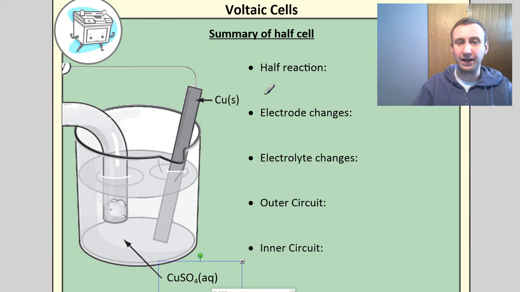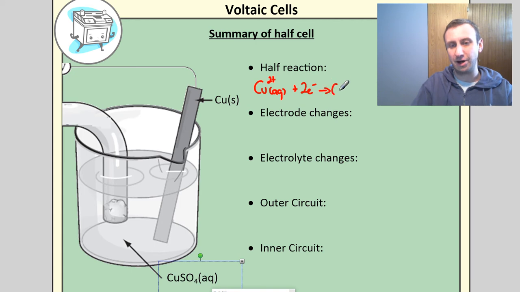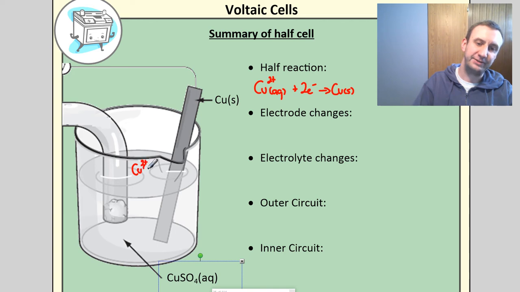All right, the half reaction for this, we already talked about this as well, so I'm just going to write it out. It's copper 2 aqueous plus 2 electrons gives me copper solid. So what will actually happen is my copper 2 aqueous that is in this electrolyte is going to come towards and migrate towards the cathode. It's going to meet up with 2 electrons that are coming from the anode, right?